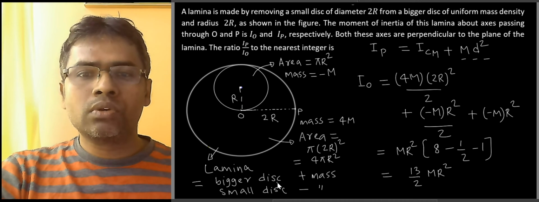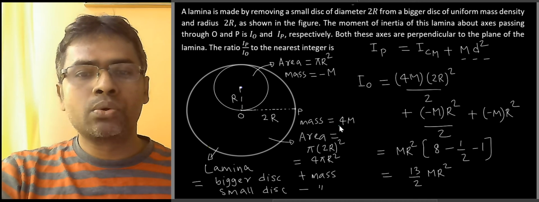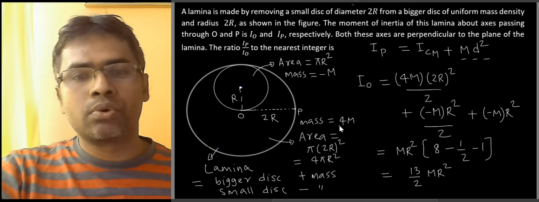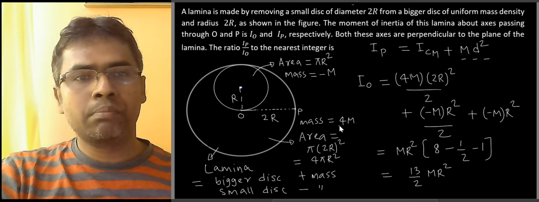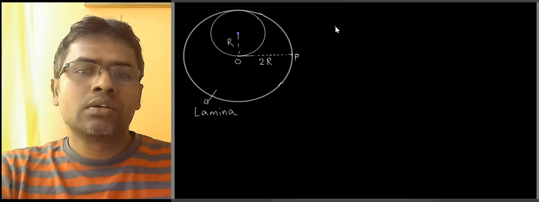Now let us look at how to get the moment of inertia about an axis passing through point P. Here, neither the bigger disk's center of mass nor that of the smaller disk is aligned with the axis. So we are forced to use the parallel axis theorem for both disks.